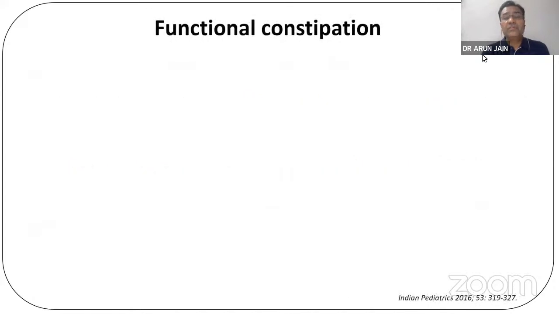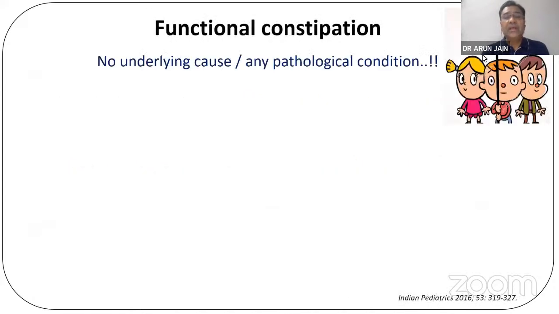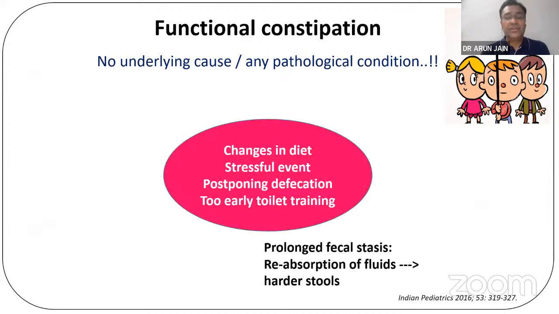Now, for the functional constipation definition, you have to rule out any underlying cause or pathology. This is very important: there is no underlying cause or pathological condition in a child more than 1 year. If there is a cause, then we don't label it as functional constipation. Now, what are the causes?